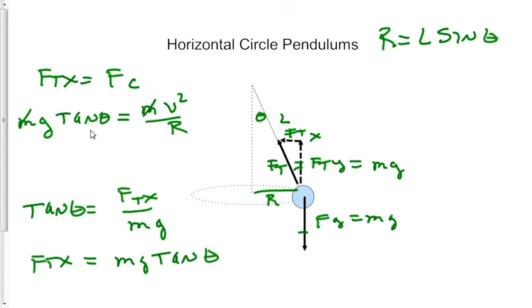And why don't we solve for the tangent of theta? So tangent of theta is going to equal v squared divided by gr. And that could be our base equation then for a horizontal circle pendulum, as long as you have the angle theta, and of course we assume that you would find the radius based on the length before starting the question.